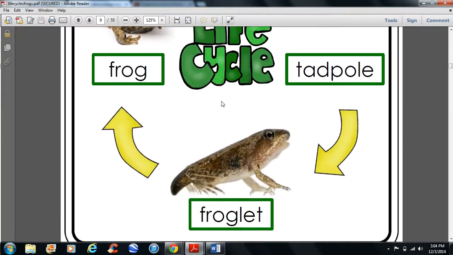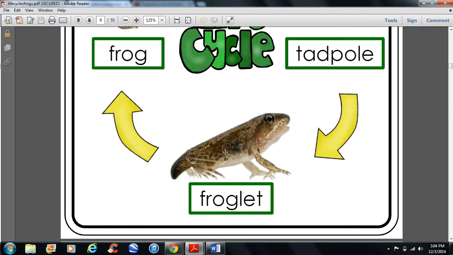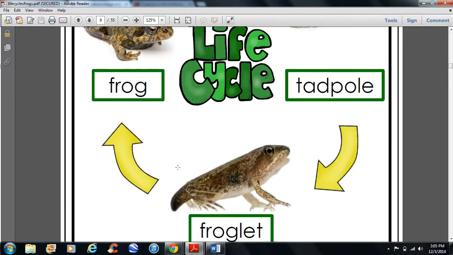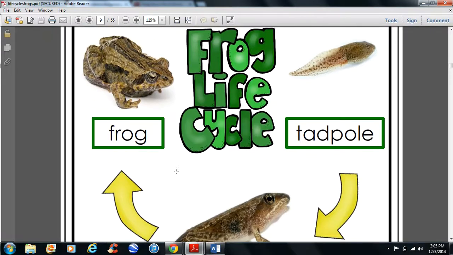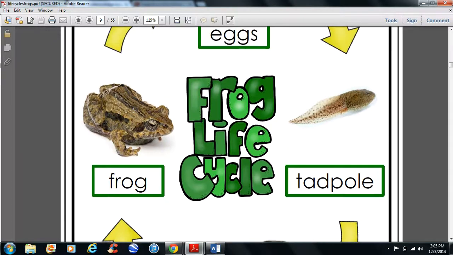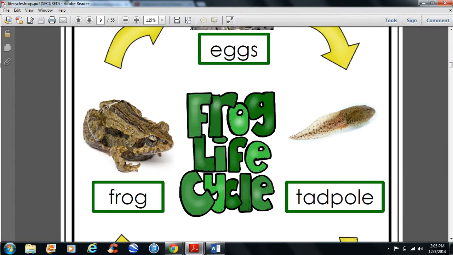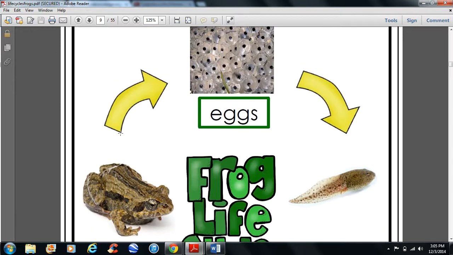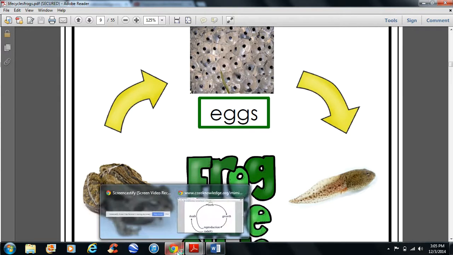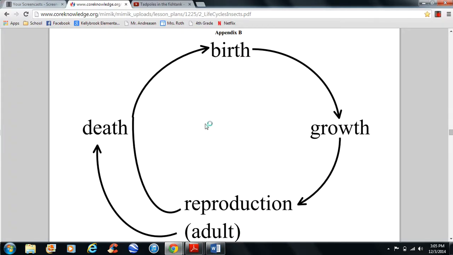And then the next stage is a froglet. Froglet is a little baby frog that grows and develops its hind legs and its front legs. When it loses its tail and it grows a little more, it becomes an adult frog, as we see here. The adult frog lays eggs, and this process repeats over and over, as we have seen right here.